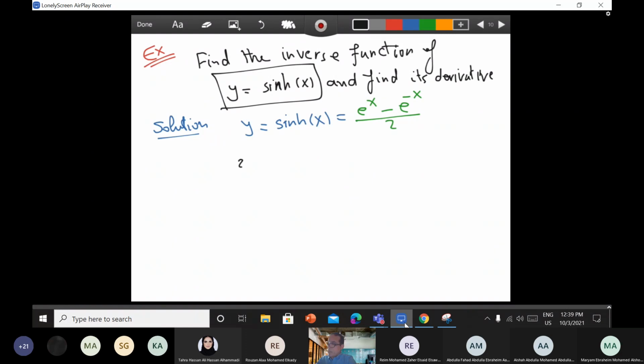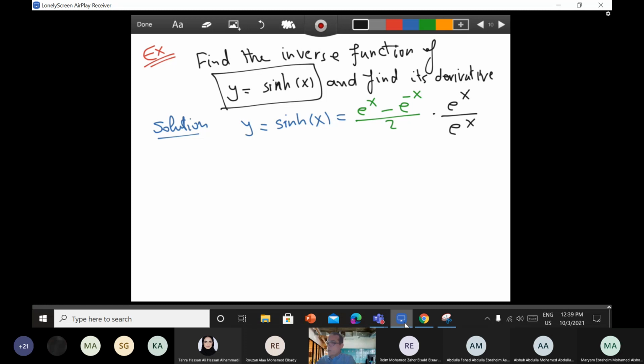So I will get, multiply by 2, so I have 2y equal to e to the x minus e to the minus x. Sorry, before I multiply by 2, I multiply by e to the x. When you multiply a fraction by anything, you have to multiply the numerator and the denominator.